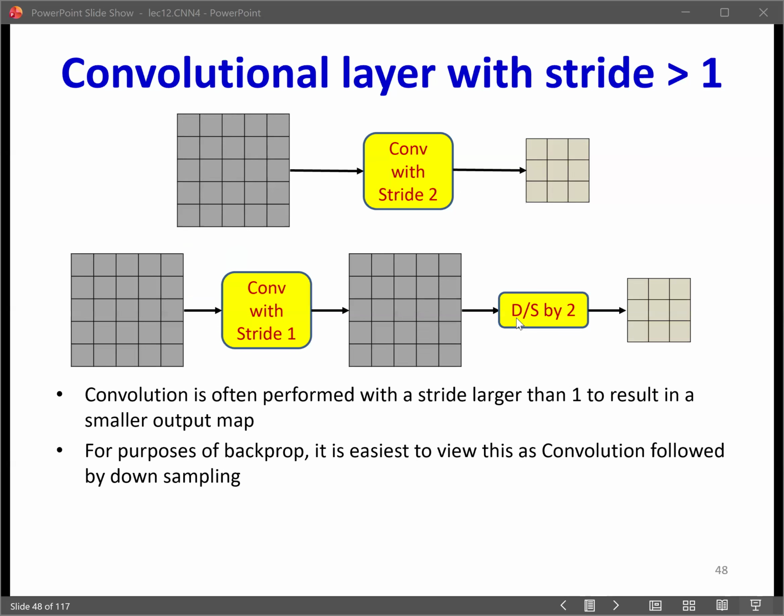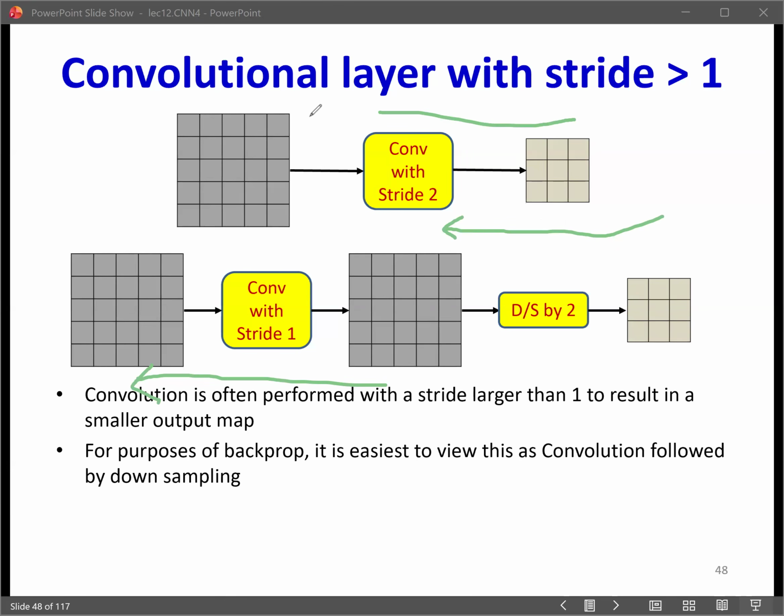So it's much, much simpler to think of convolution with a stride as convolution with a stride of 1 followed by downsampling. Because we know exactly how to compute derivatives going backward through this: that's just another convolution operation. And we know exactly how to compute derivatives through this: that's just an upsampling operation.